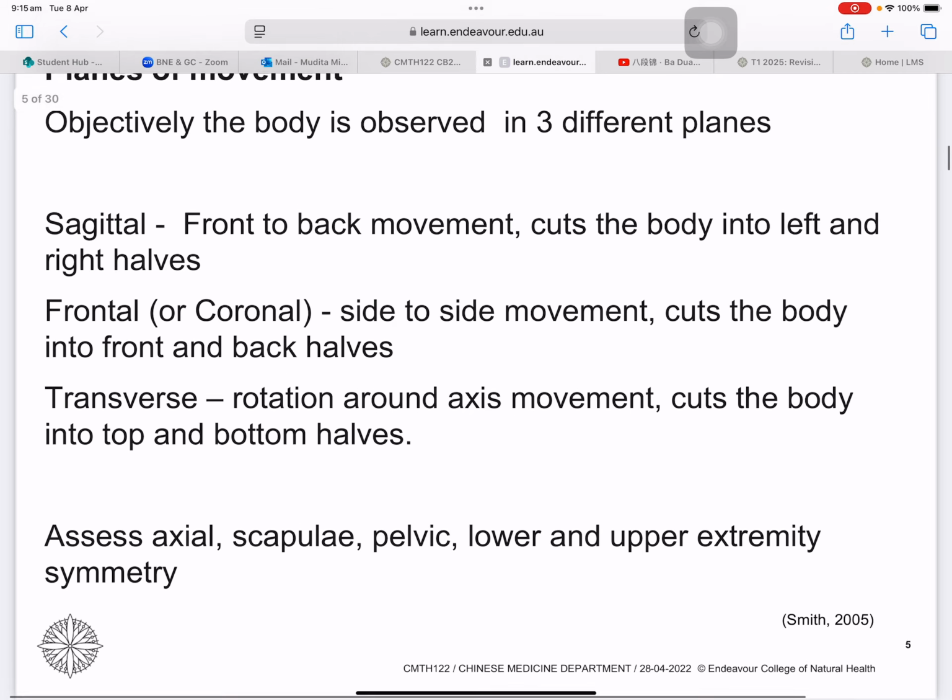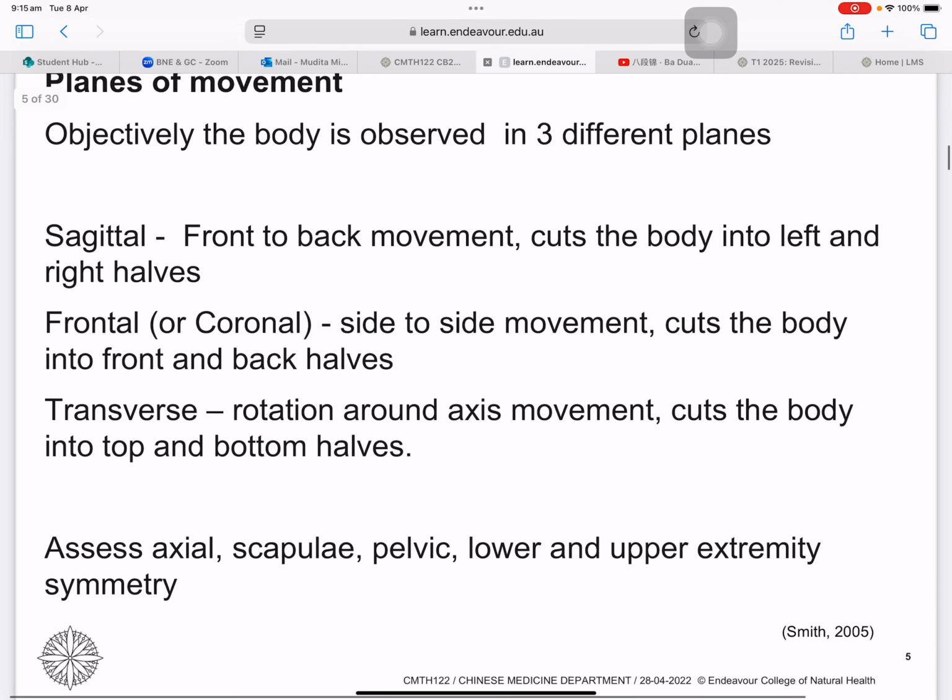The first one is sagittal, which divides the human body into left and right sides. And horizontal divides the upper and the lower, and frontal divides people into front and back.